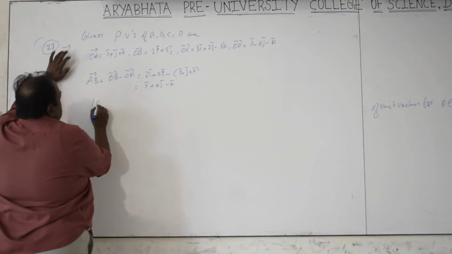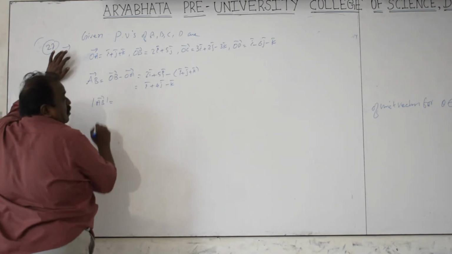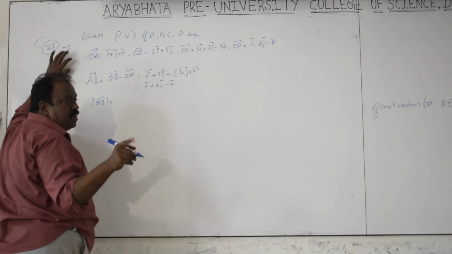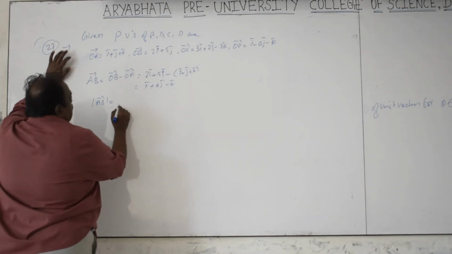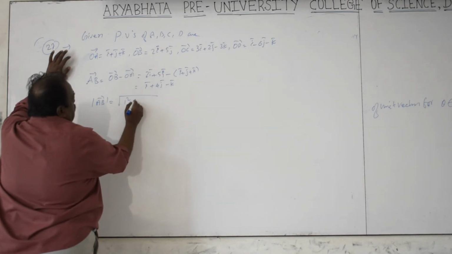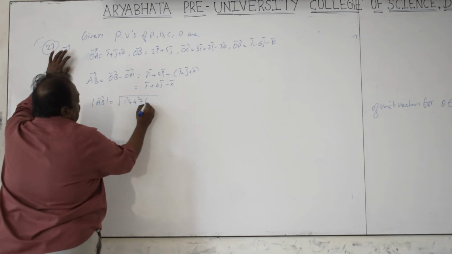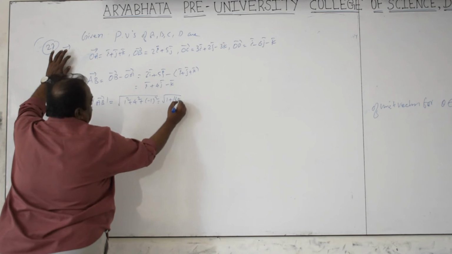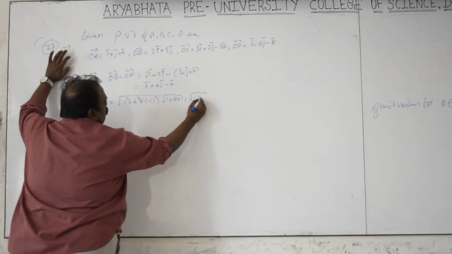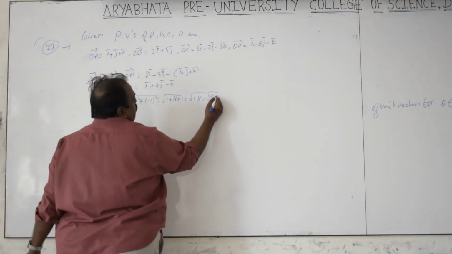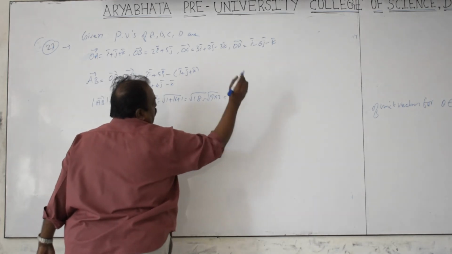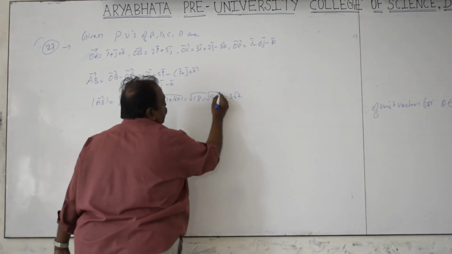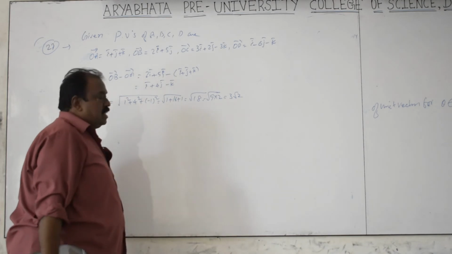Then the modulus of AB bar is root of 1 square plus 4 square plus 1 square, which is 1 plus 16 plus 1, root 18. That is root 9 into 2, which means 3 root 2.